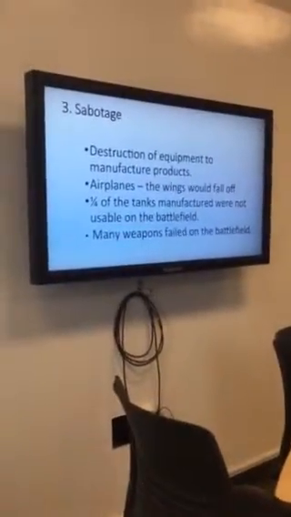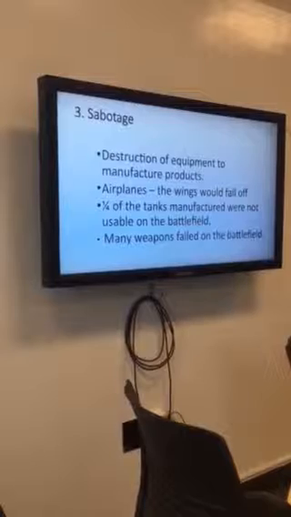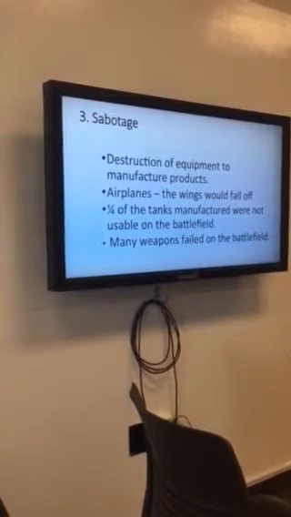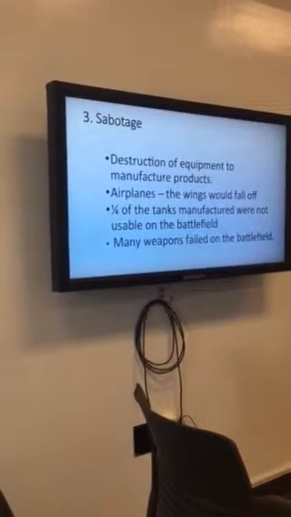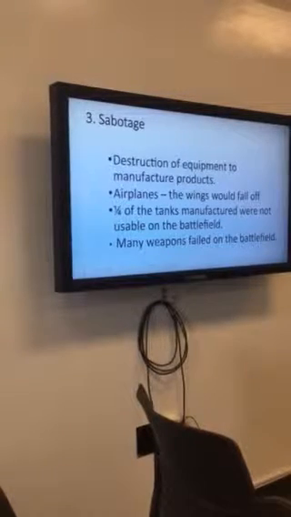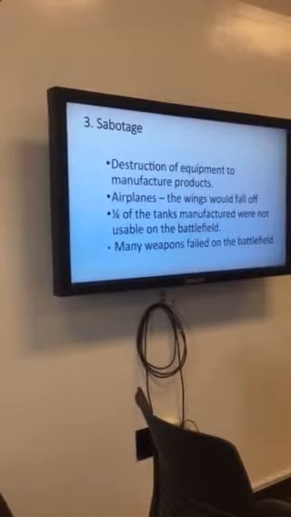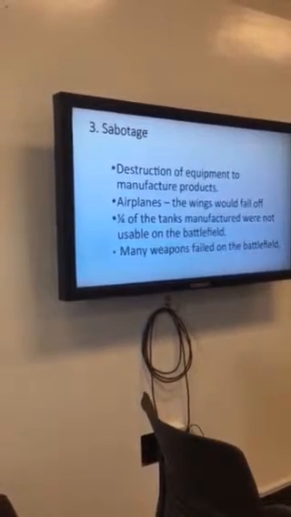Sabotage. Sabotage is the destruction of equipment to manufacture products, and a lot of times what would happen is the Germans were running out of people to work in factories because they needed them to fight on the front lines, so they brought in the Jews to work the factory lines, and the Jews didn't want to do that, so they were doing all kinds of things to stop production.